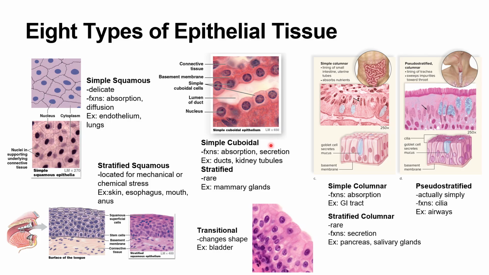And then, of course, we have a very rare instance where sometimes we're going to see stratified cuboidal tissue found in the mammary glands. So the mammary glands are going to be the glands that we find around the nipple region.